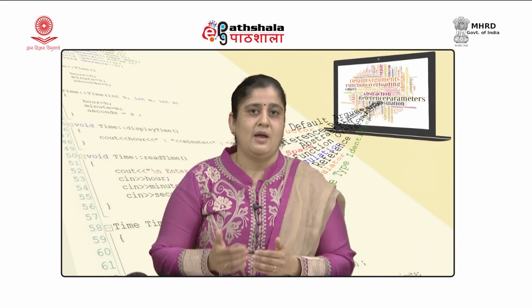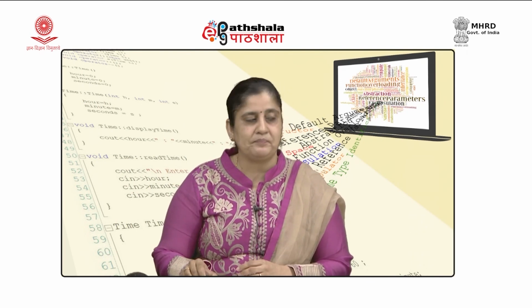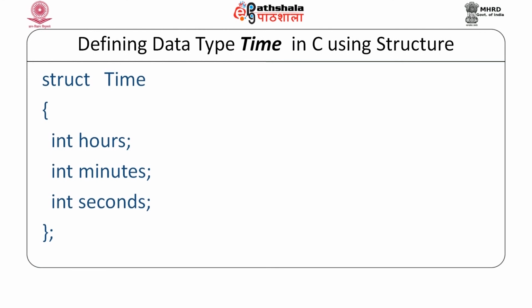We would like to define a data type more elaborately, wherein we also define the operations. Because of this, in C++ the structure was extended. This is how we used to create the time data type in C, where structure only defines the data part of that data type.